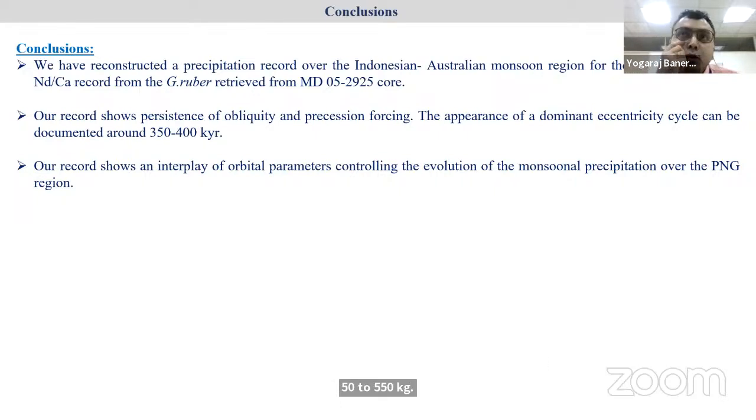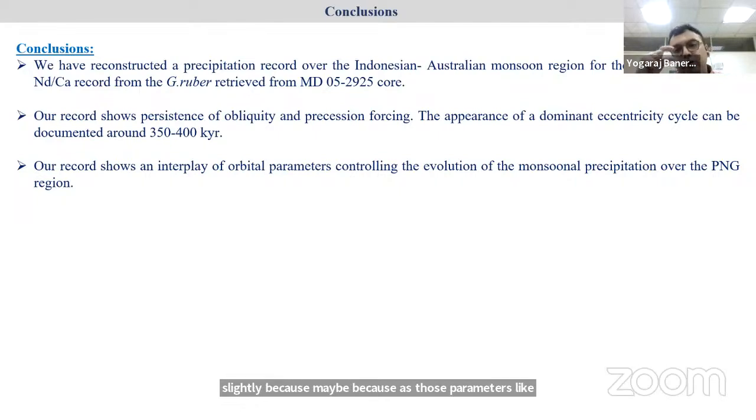Probably the low precession during that point of time, along with the lower amplitude of the obliquity, might be responsible for the appearance of the 100 kilo year cycle, because as those parameters, the precession and the amplitude of obliquity, were relatively lower, maybe during that point of time the high latitude forcing was kicking into our record. That's what we are thinking as of now.